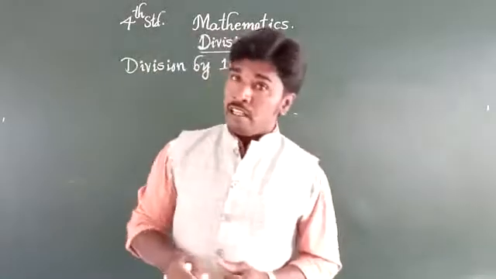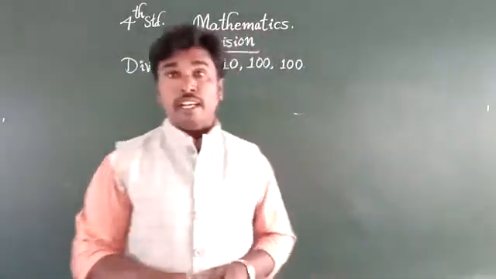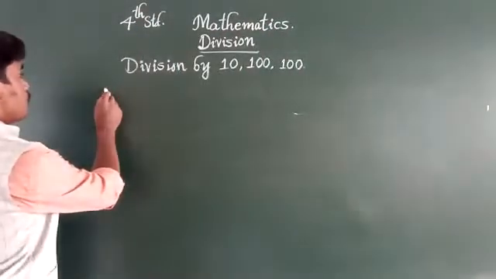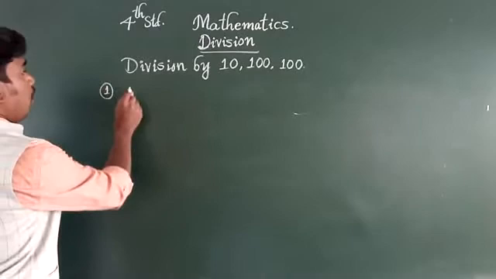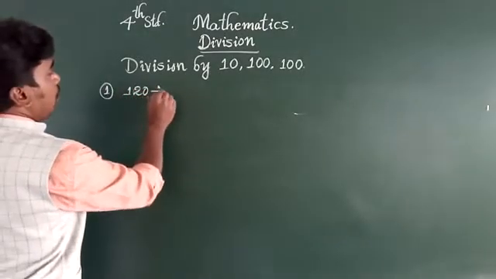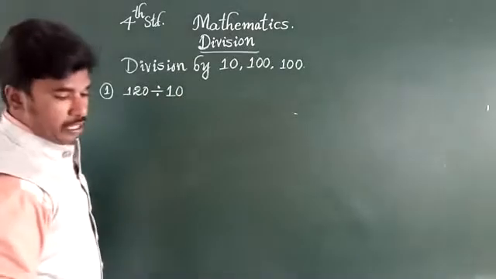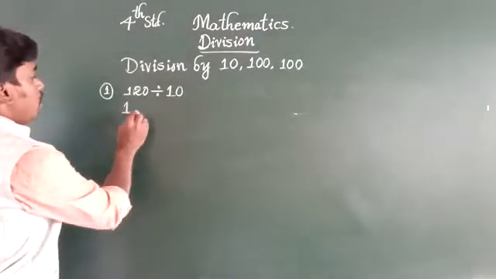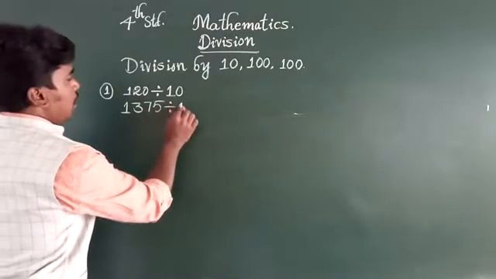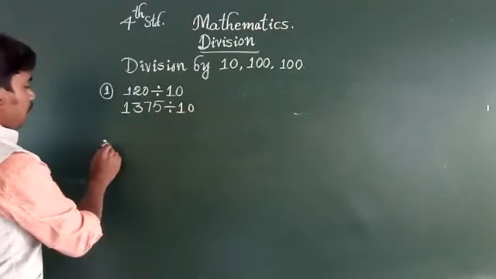Now I should take two examples so that I can explain. Here, 120 first: 120 divided by 10. One more example also I can take: 1375 divided by 10. See the second type.